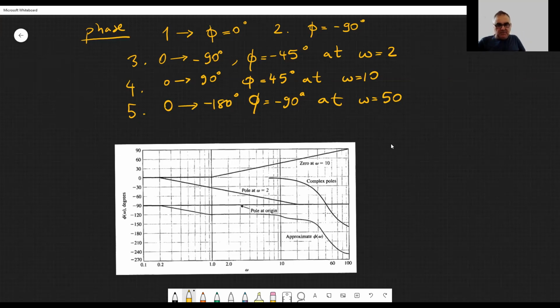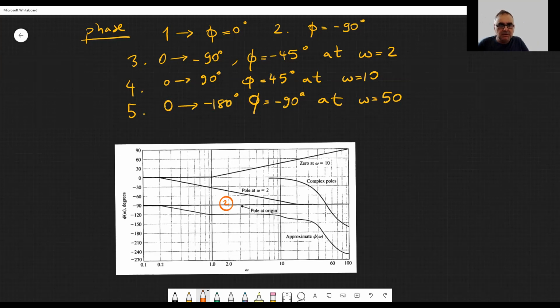Now, the first term is 0. It doesn't contribute to anything. The second one is this line at -90. It's a constant, -90 here.